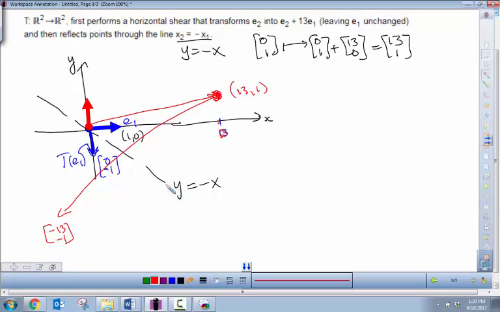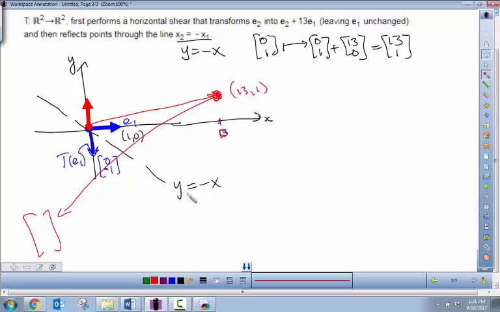The y is going to be the negative of the x component. Wait, I need this switched, don't I? Negative 13 is the y. So the y is going to be negative x. Let's try that again.